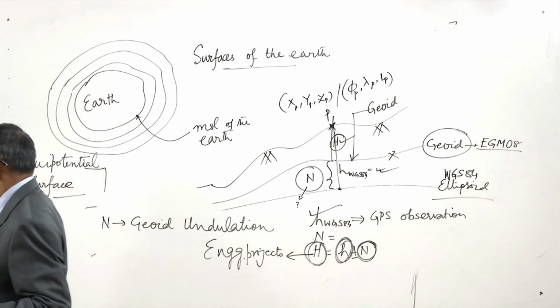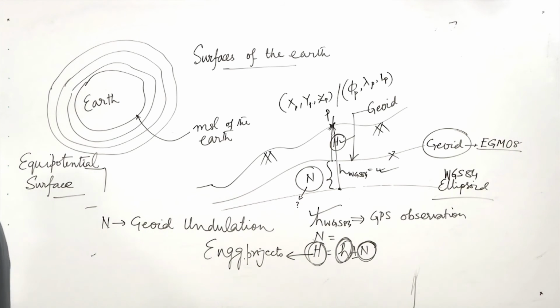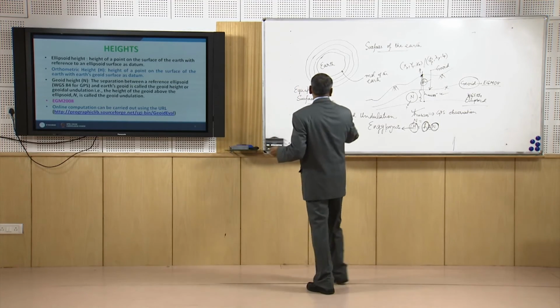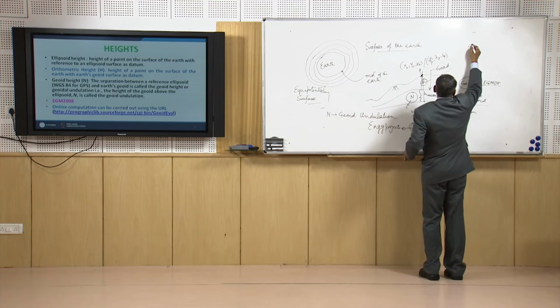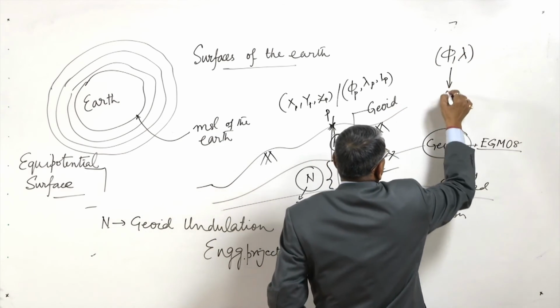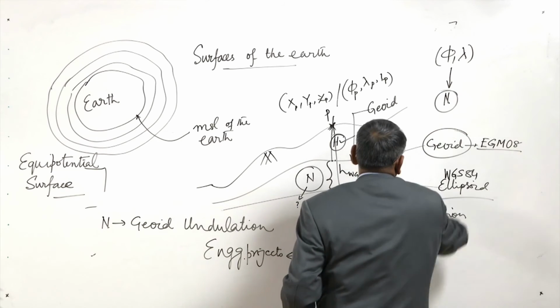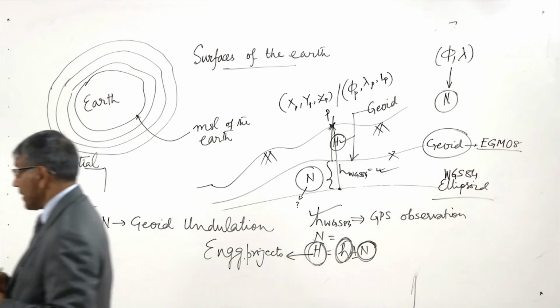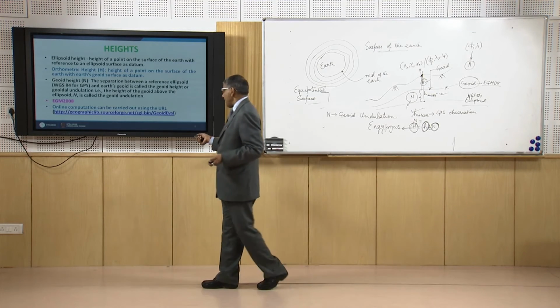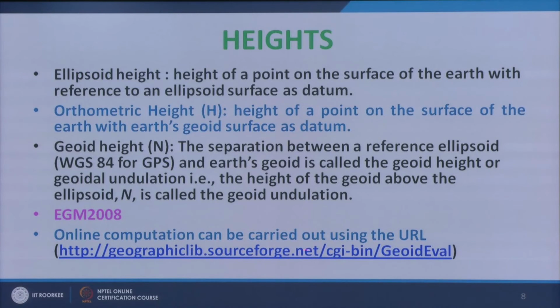So by making use of this, we can directly compute N: if we provide the latitude and longitude of a place, then we will get the value of N at that place. So this is one of the ways. If we go to this link, a software will come.